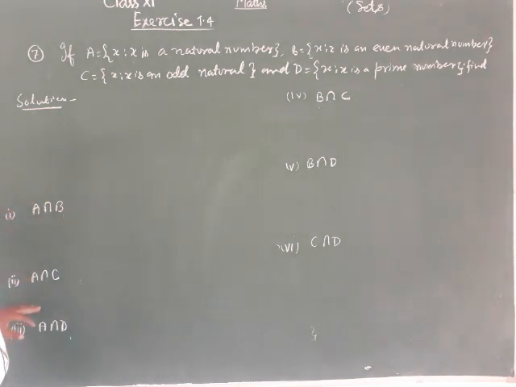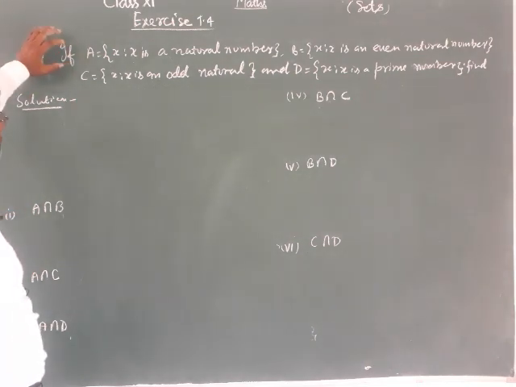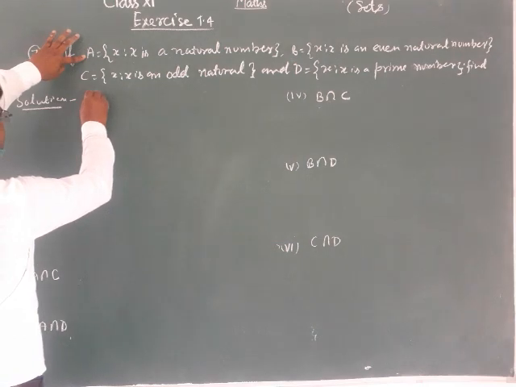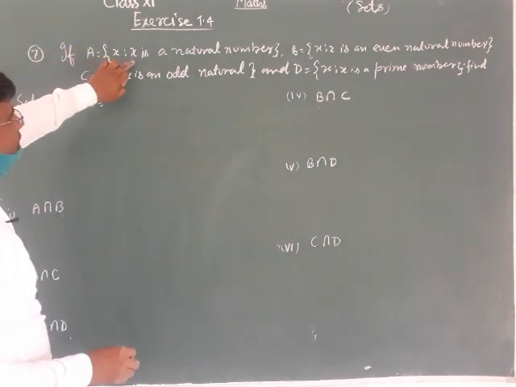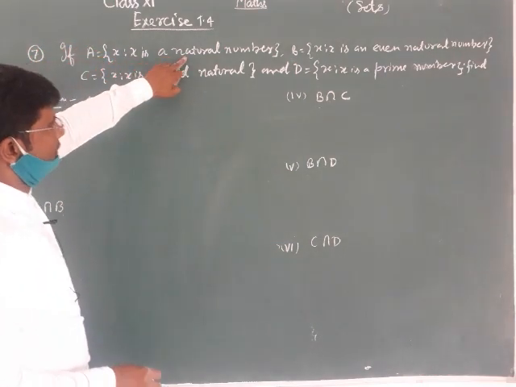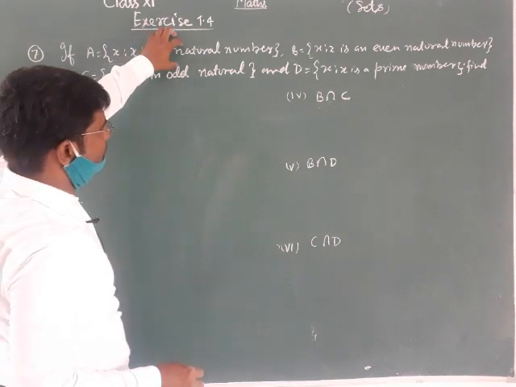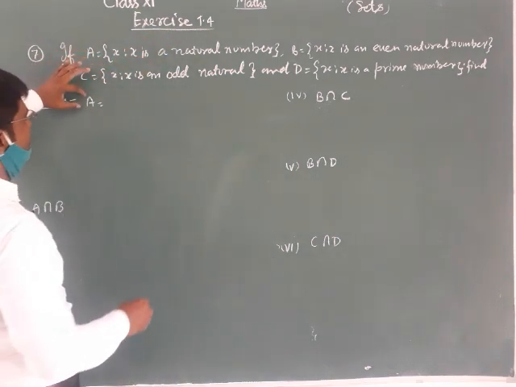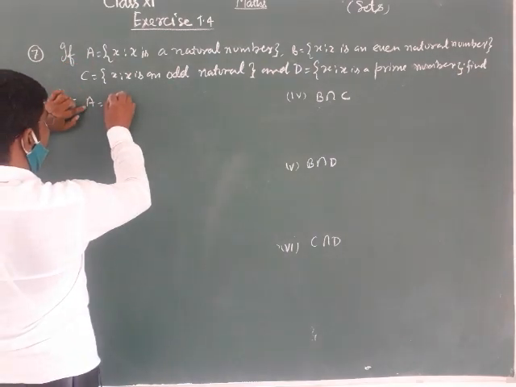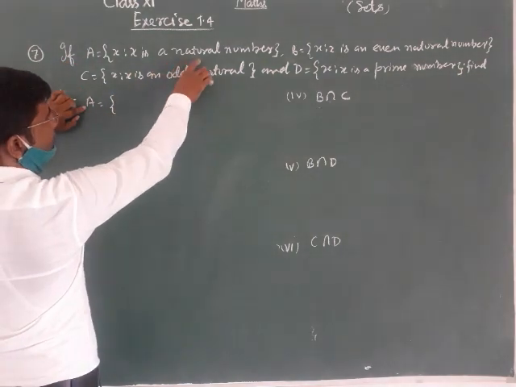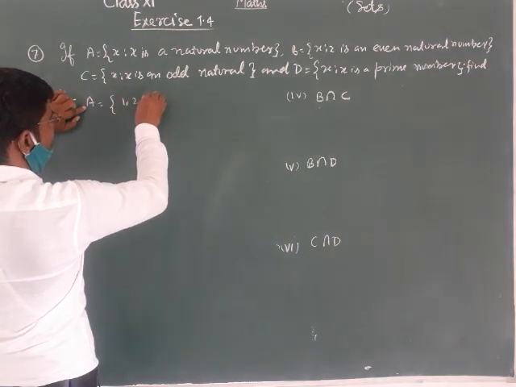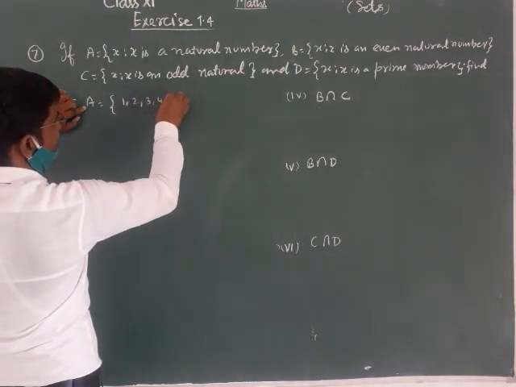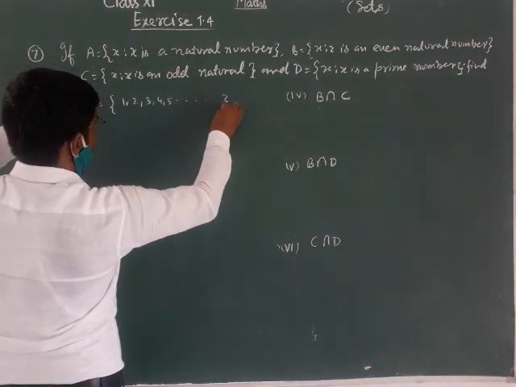So now in this question, A is the set of x such that x is a natural number. This is set builder form. So now change into tabular form. So set A is equal to the natural numbers 1, 2, 3, 4, 5 and so on.